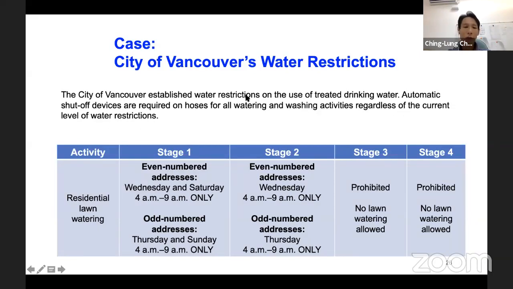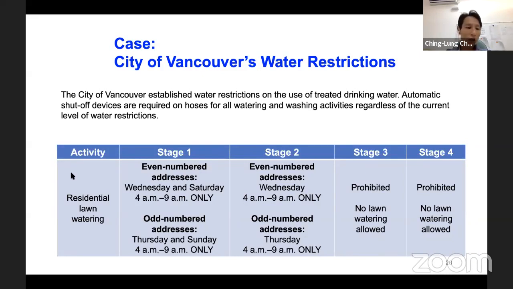The automatic shut-off device means you cannot just turn on the device for a long time. It will turn off or close the switch automatically in a specific time.